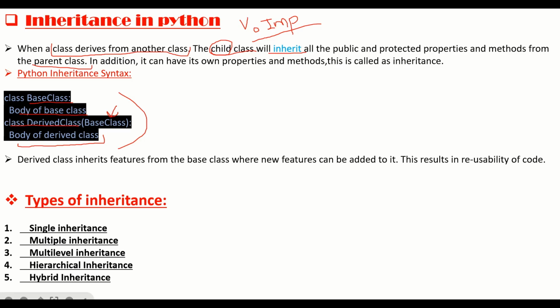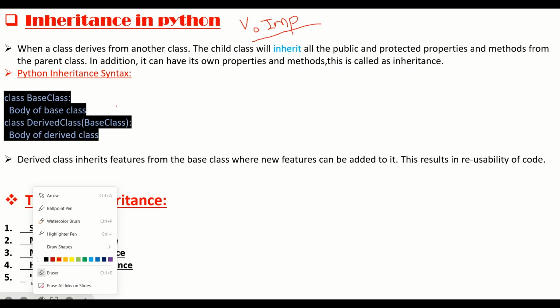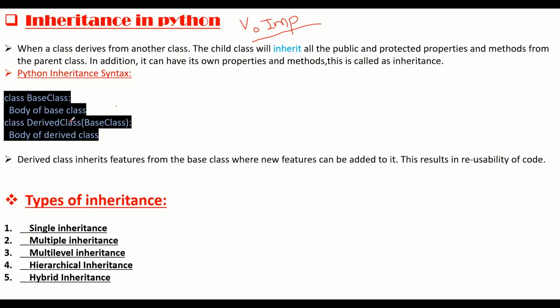So this derived class is your inheritance, and this is parent class, and this is child class.